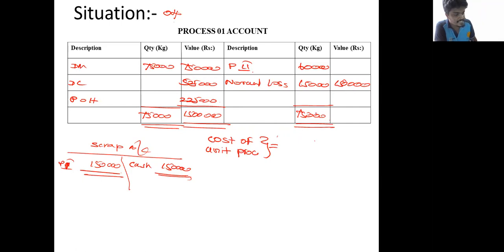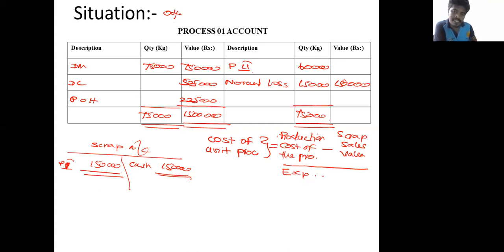So at that time, the production cost of the process minus scrap sales value should be divided by expected units.